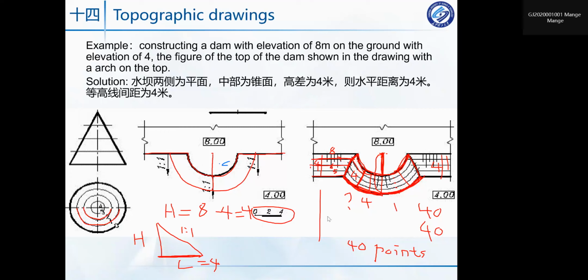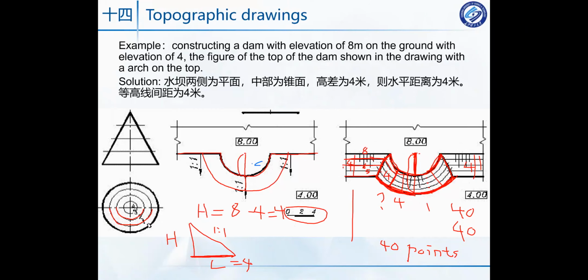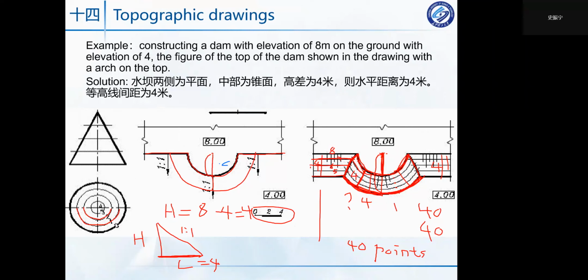For example, if it's 4 centimeters, we just use the ruler to measure 4 centimeters, or are we supposed to use the scale? The initial one is this, and then we want to get the line at the bottom, and we already know the interval is 4, so we use the initial one and add 4, and this is the radius of the big circle.